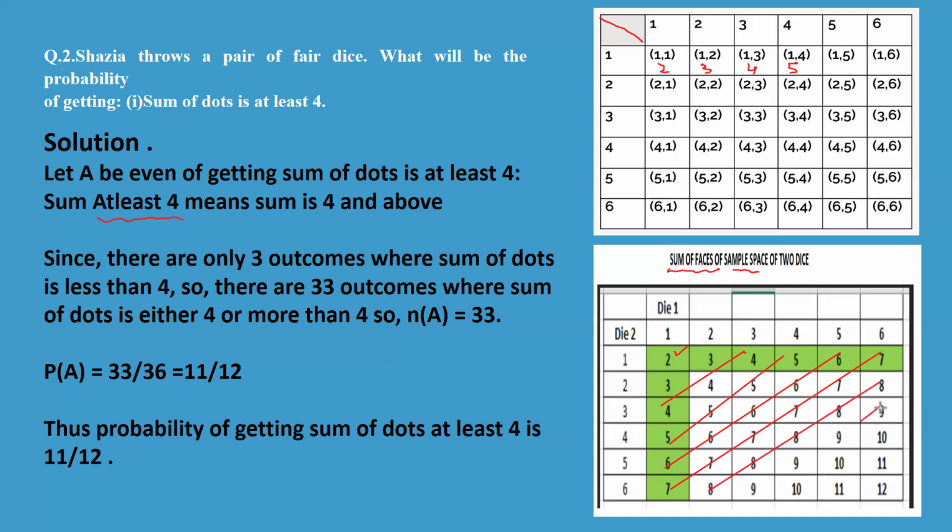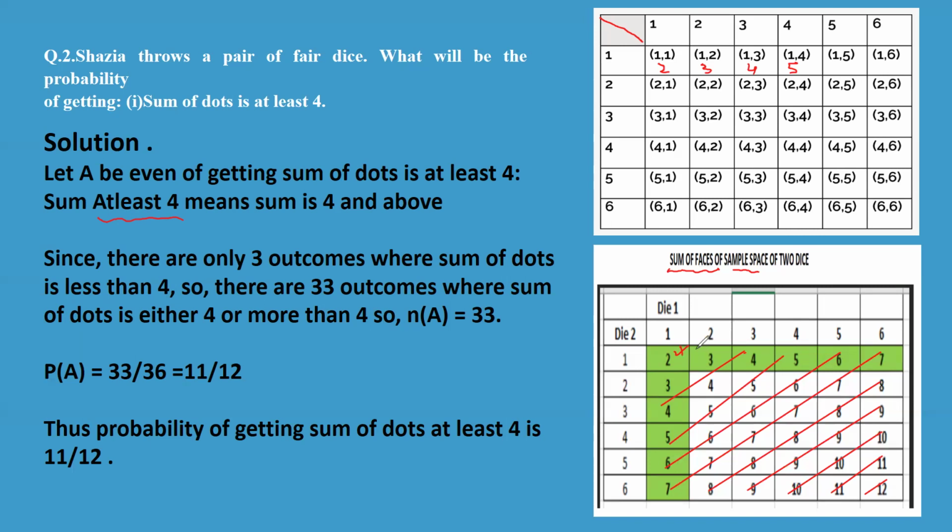All these numbers are sums that are greater than or equal to 4. If we count them, you will notice that only three numbers cannot be included in this experiment, whose sum is less than 4, because our requirement is that the sum should be 4 or greater than 4.